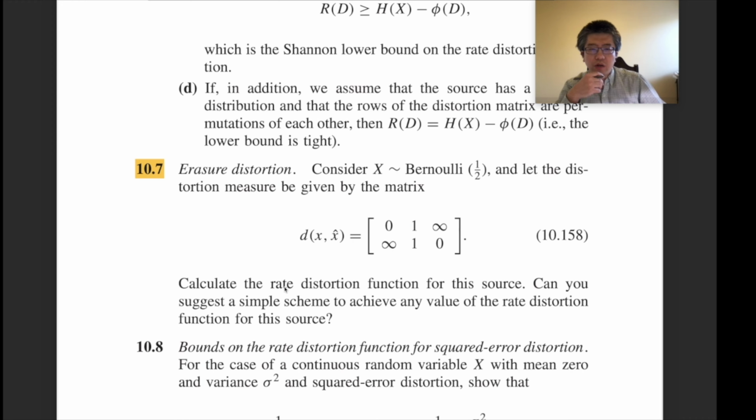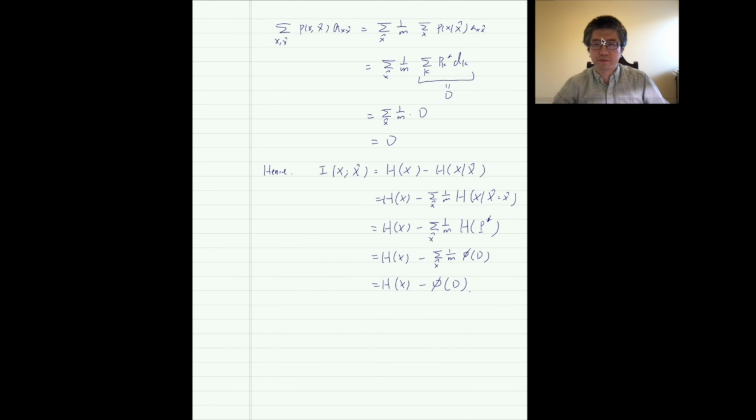Okay, so our goal is to calculate the rate distortion function of the source, and then we're going to design a scheme that can achieve any value of the rate distortion function of this source. Okay, so let's take a look at how to solve this problem.